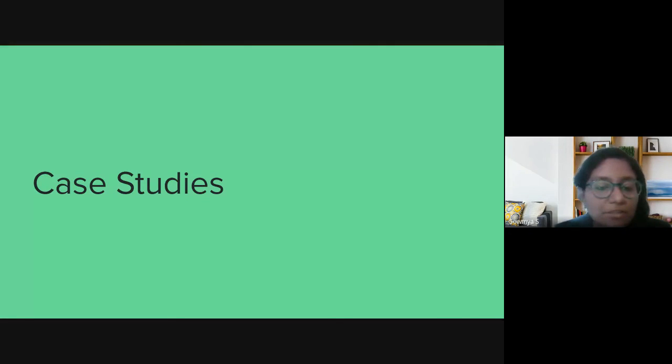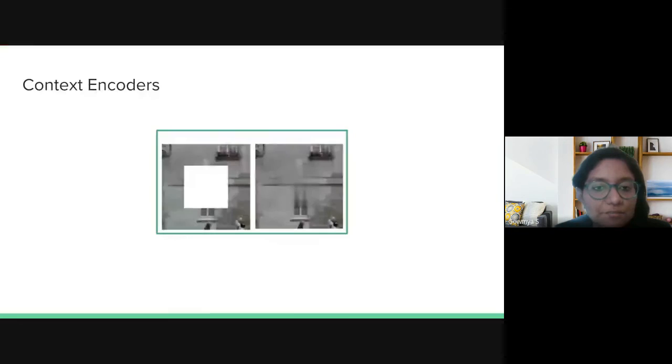And let's have a quick look at some of the case studies. So this is an interesting context encoder. What we do is, in this data augmentation technique, we just remove portions of the image and expect it to generate a part of it. Of course, this example would have made more sense in the autoencoder lecture. Yeah, apologies for that.